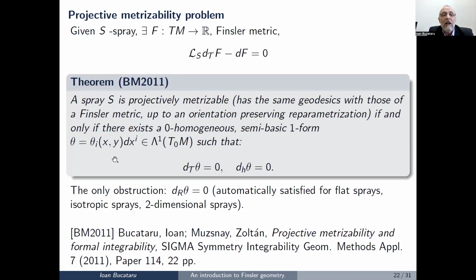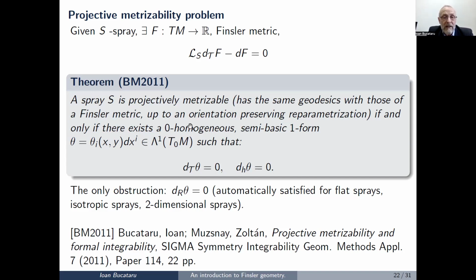Okay. What about the inverse problem? What is called the projective metrizability problem. You have a spray, and with that spray, you consider the full set of projectively related sprays. The question is, is this spray projectively related to some Finsler metric?